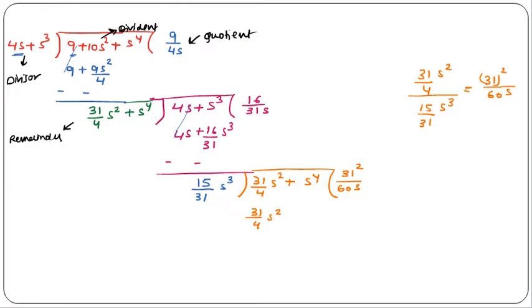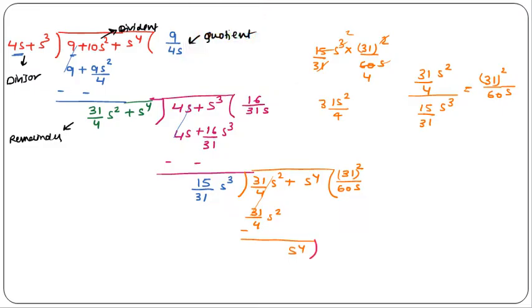Now let us multiply these two terms. This will give 15 by 31 into s cube into 31 square by 60 into s. Let me write this. This 31 will get cancelled out and it will give 4, and we are getting s square by 4, and here we are getting 31 s square. So we are getting 31 s square by 4, which we have already written. Now we will subtract, so this term will get cancelled out, so we are getting s power 4. Again the remainder is not 0, so we will continue the division.